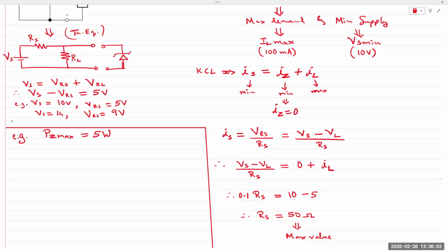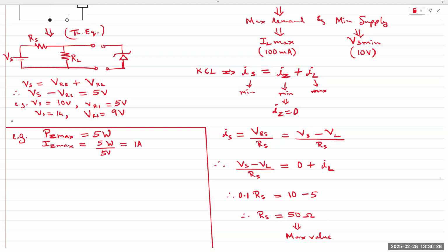Okay. So in this case, if PZ max is 5 watts, what is the maximum current that can flow through the Zener diode? It's a 5-volt Zener. P is equal to IV. So IZ max is 1 amp.